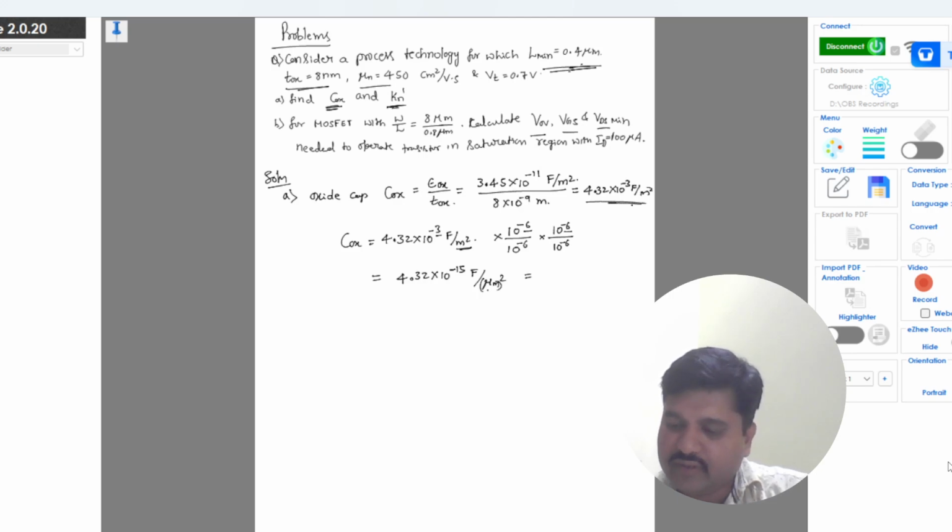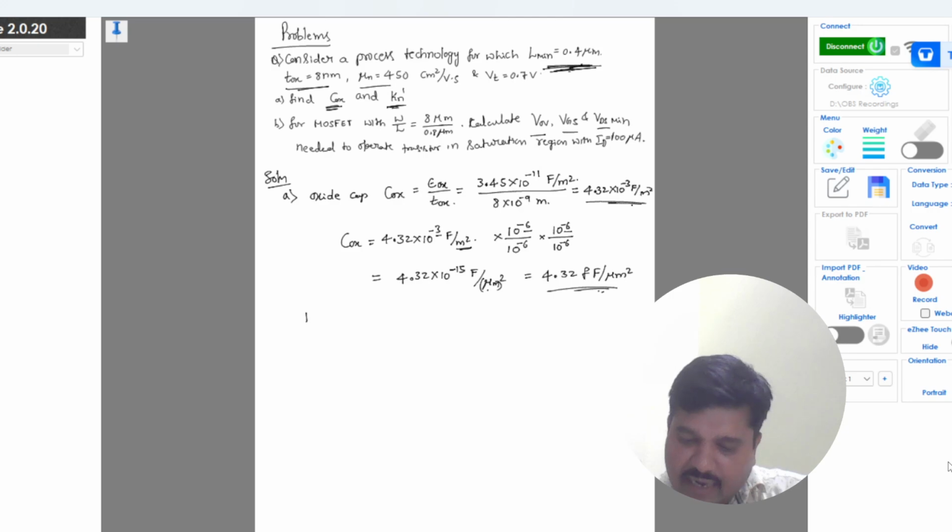So this is written as 4.32 femtofarad per micrometer square. This is how you convert the given into the required dimension, that is micrometer square, corresponding to the technology. Now this is oxide capacitance, and now the Kn dash, that is process transconductance.